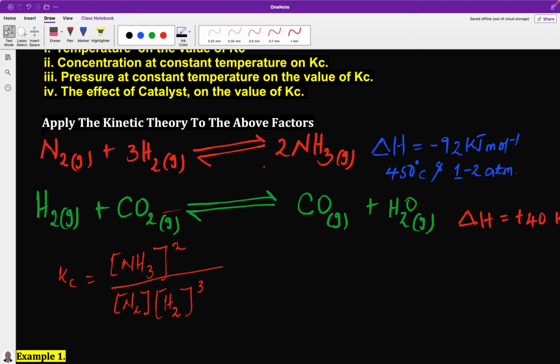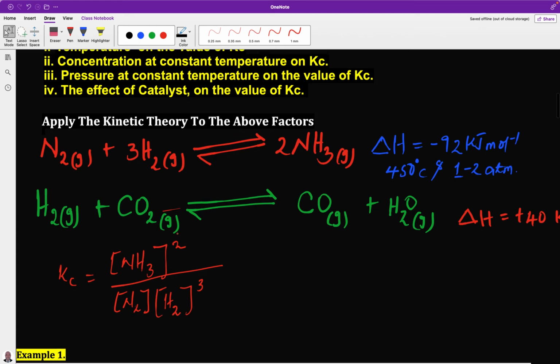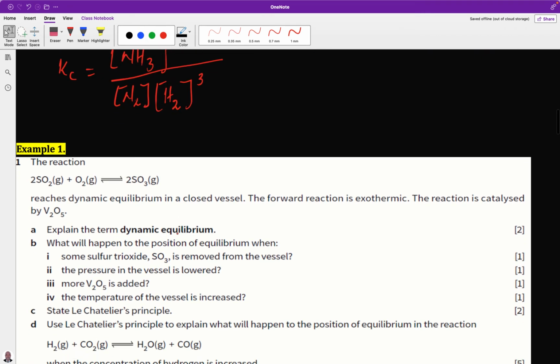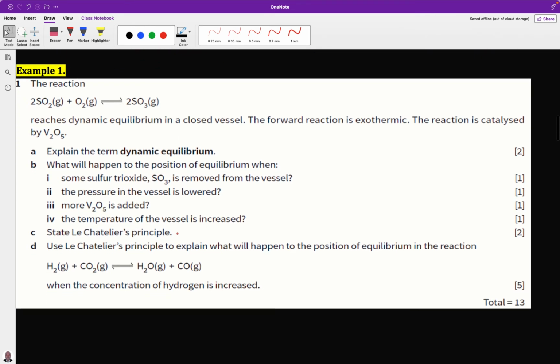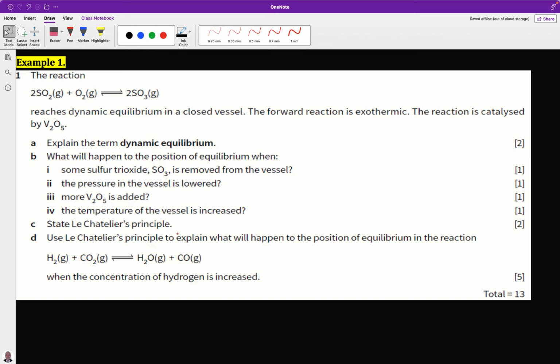We are going to answer a few questions regarding this section. By answering those questions, it will help us to better understand it. Let's go to the first example, question number 1. Sulfur dioxide plus oxygen in an equilibrium gives sulfur trioxide.